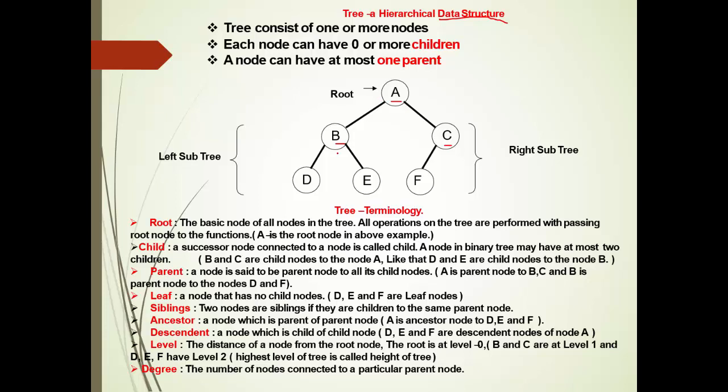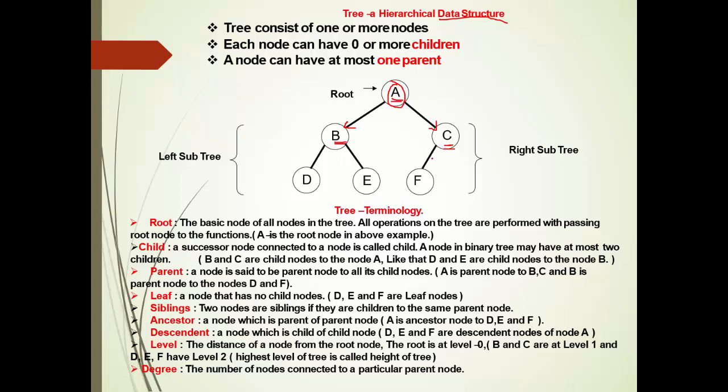So it means B and C are children of A. The root, usually it is the topmost node, and all of these nodes, as we can see, are connected with edges. So here we can see that A is a parent of B and C, and we can also say B and C are siblings.